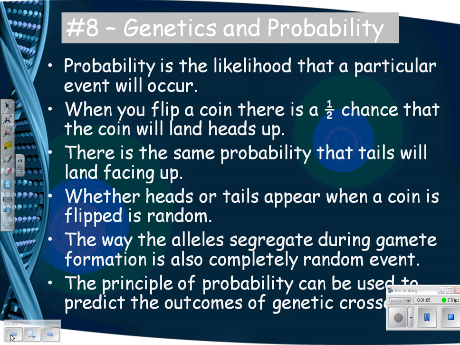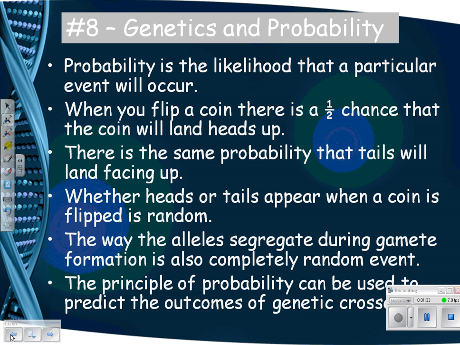So the question asked on slide number 8: how is flipping a coin similar to segregation during gamete formation? Well, when you flip a coin, it's random.